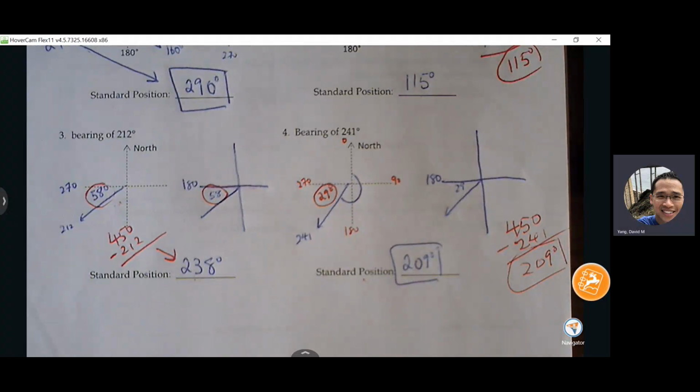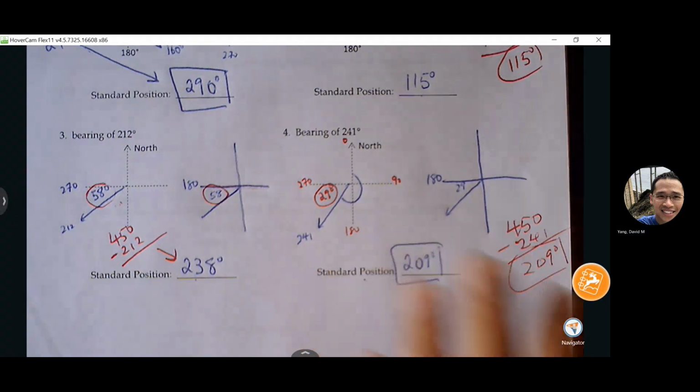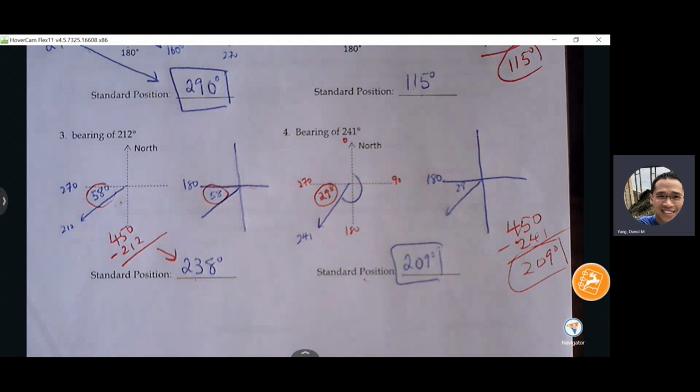Okay, any questions here? They call this true bearing because it's starting from the north and counting clockwise. But sometimes there are these quadrant bearings where they tell you specifically where to start and which direction to move in.